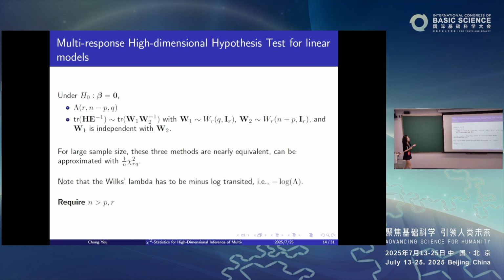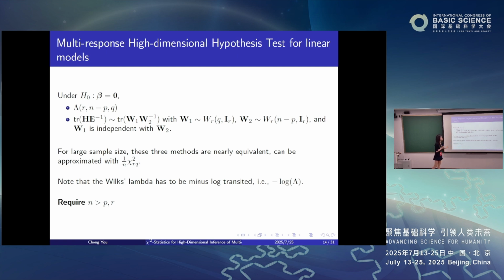And under the null hypothesis, those three methods have their own distributions. The first one is the lambda distribution, and the second one is a product of two independent Wishart distributions.